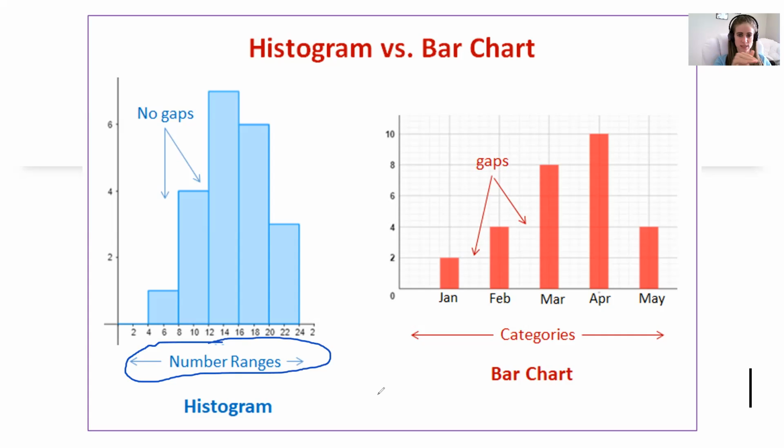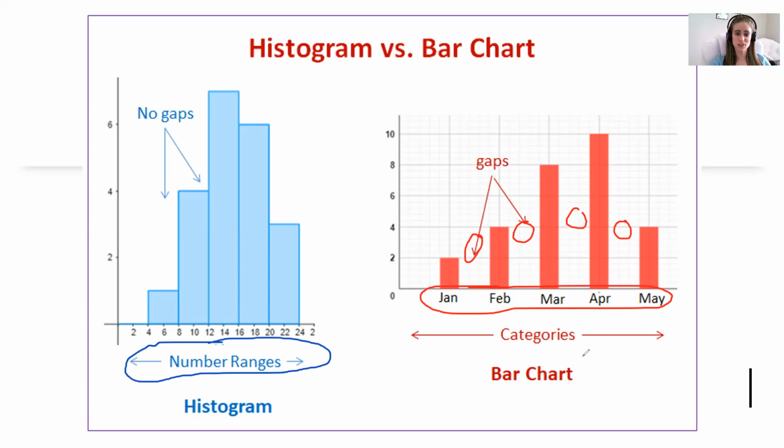So that bottom axis, the horizontal line, you're dealing with number ranges and there are no gaps. Whereas when you have a bar graph or a bar chart, there are gaps between each data set, and the x-axis, so your horizontal axis, is always labeled with a category of some sort.